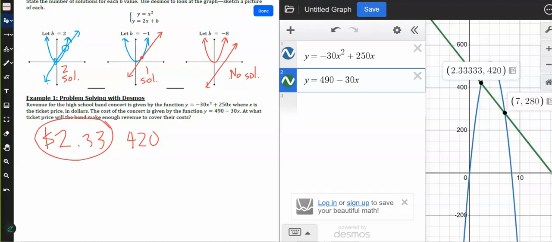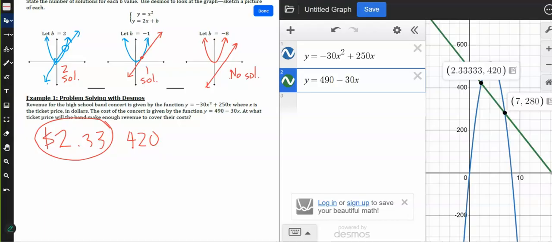Now the other one doesn't make sense to me. If I charge $7, the cost is now less. $280. I don't think that part of the graph makes a whole lot of sense. Your costs would not be going down.